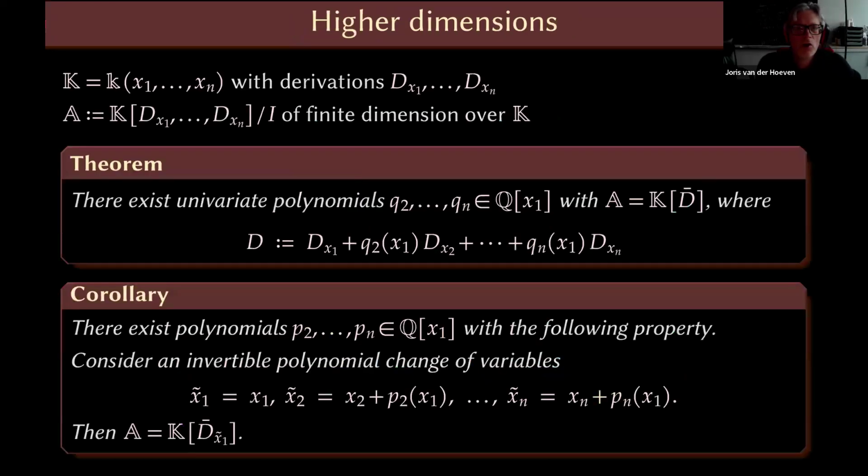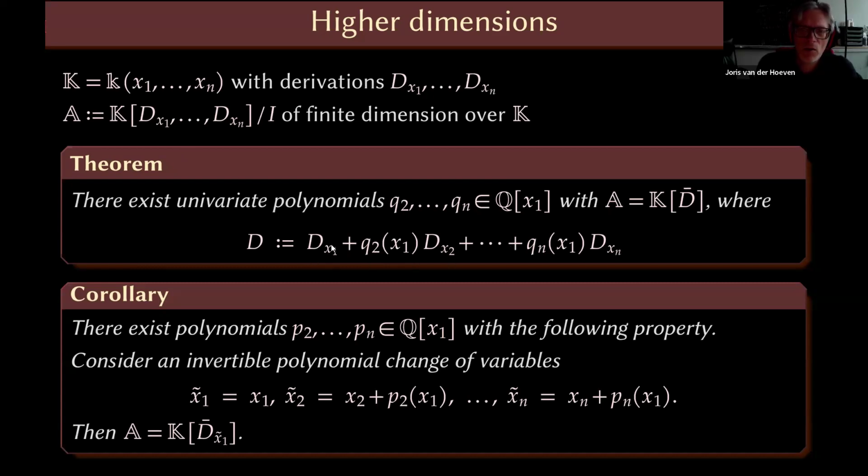Of course, all this can be generalized to higher dimensions. So just to finish my talk, I just give the statement here. In that case, the derivation that we need is going to be of the form that we see here.